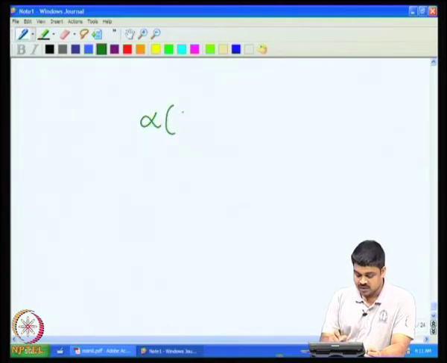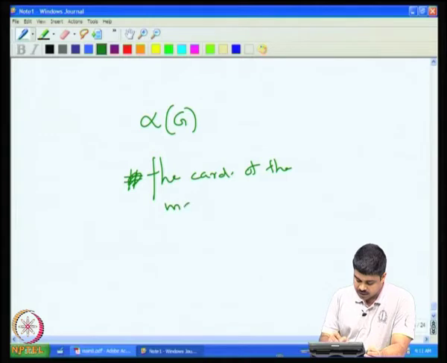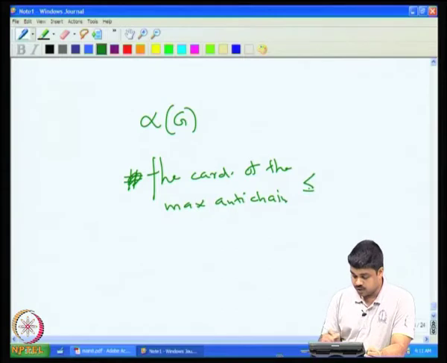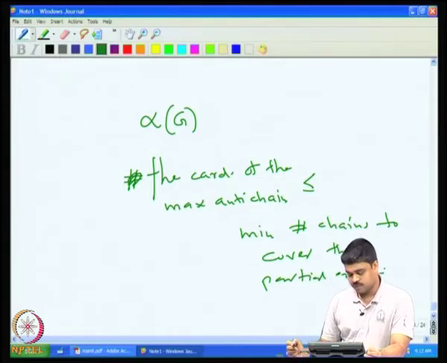This is equivalent to saying that the cardinality of the biggest anti-chain should be a lower bound for the minimum number of chains required to cover the partial order, right, to cover P.